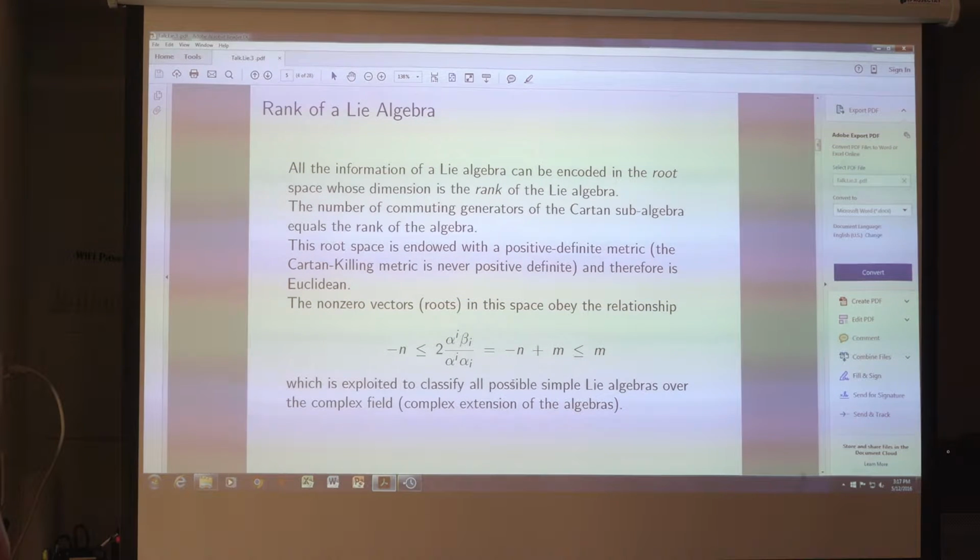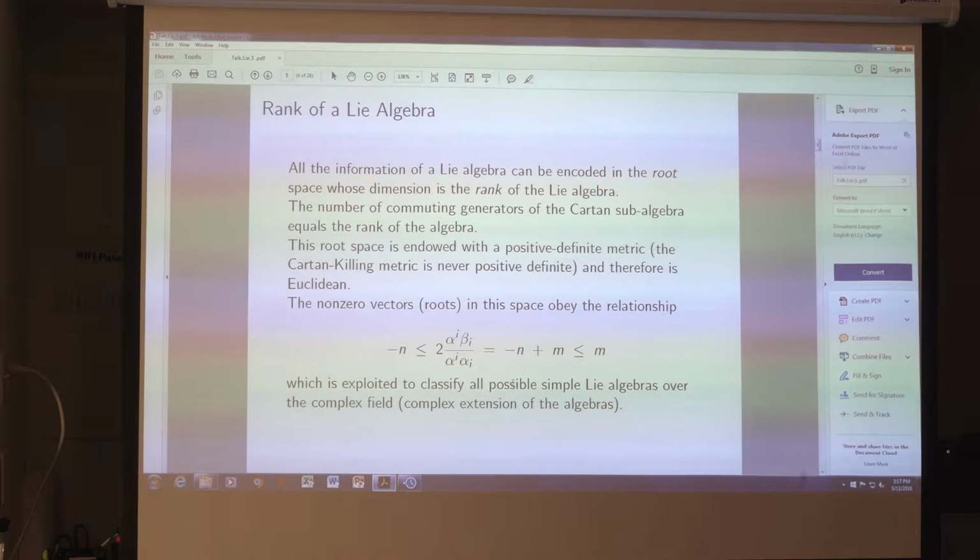For example, SU2, which is the algebra of the Pauli spin matrices, has rank 1, so you only need a 1-dimensional space. If you look at G2, G2 has rank 2, so you only need a 2-dimensional space.